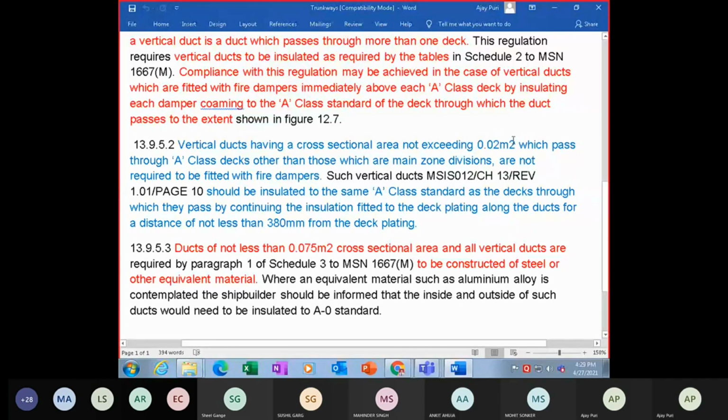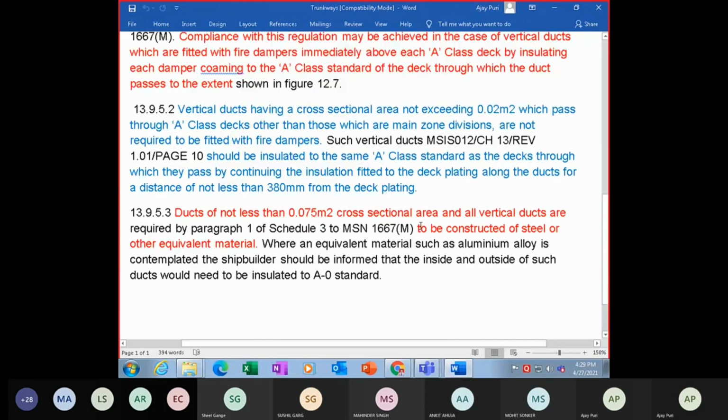Such vertical ducts shall be insulated to the same A-class standard as the decks through which they pass, by continuing the insulation fitted to the deck plating along the ducts for a distance of not less than 380 mm from the deck plating. Ducts of not less than 0.075 square meters cross-sectional area and all vertical ducts are to be constructed of steel or equivalent material.